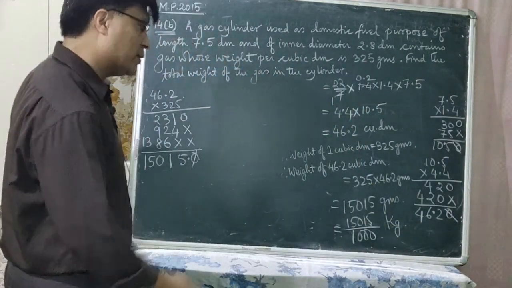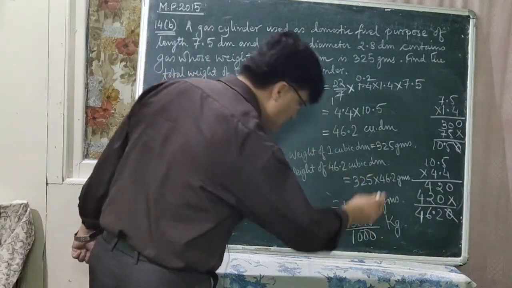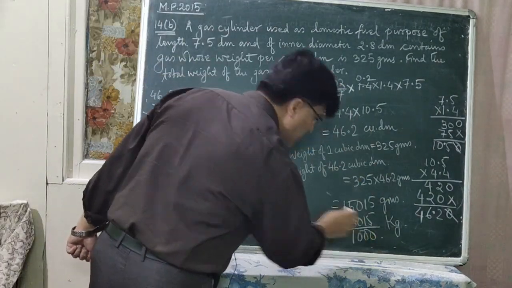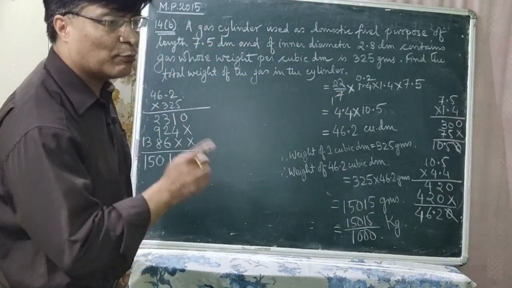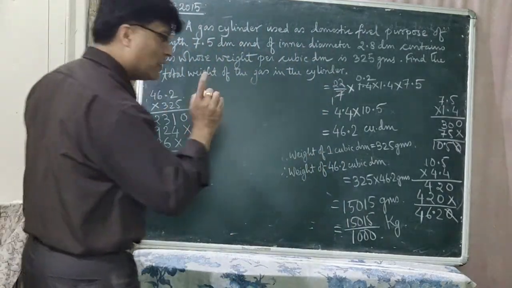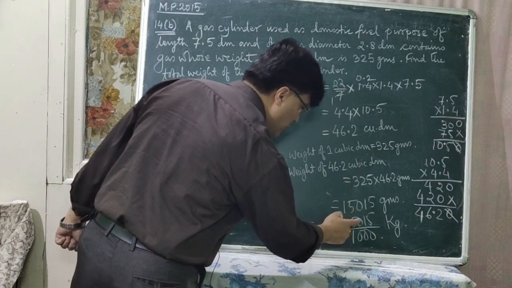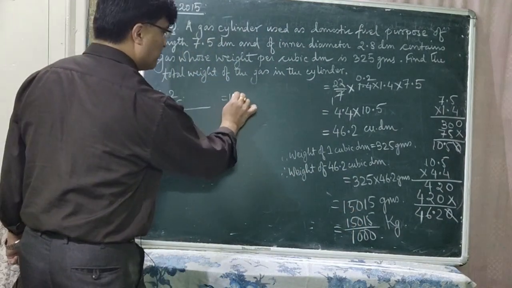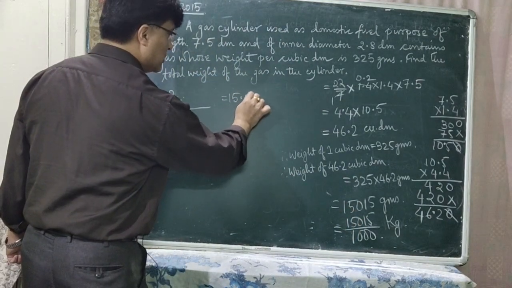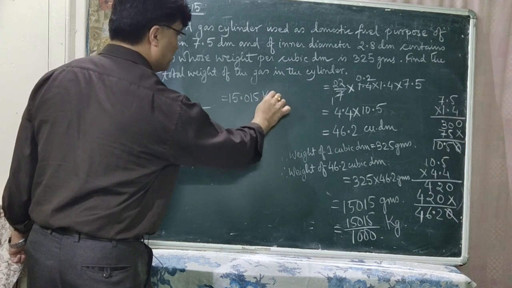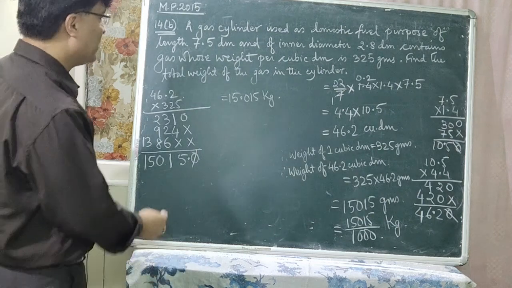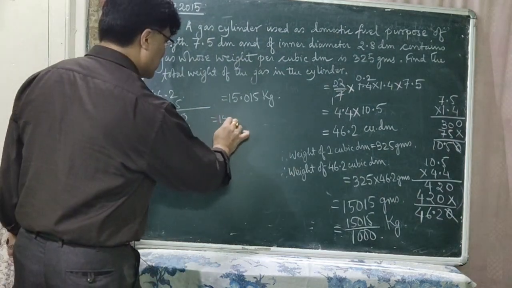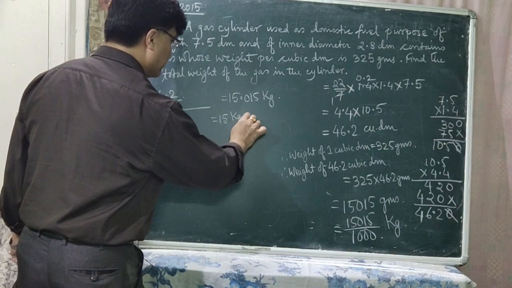After 1, how many zeros are there? 3 zeros. So in the numerator, you have to write the decimal point before 3 figures from the end. That will be 15.015 kilogram.